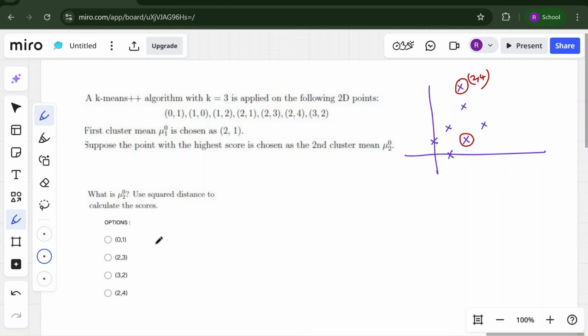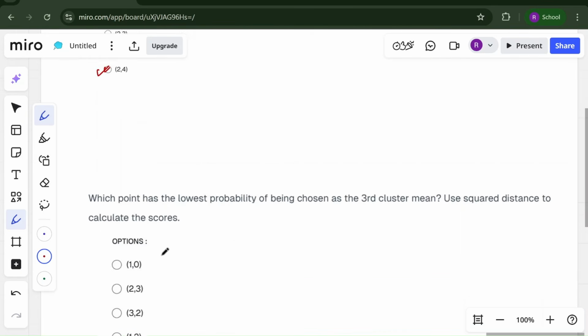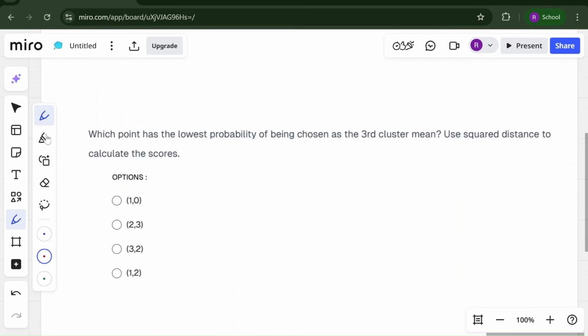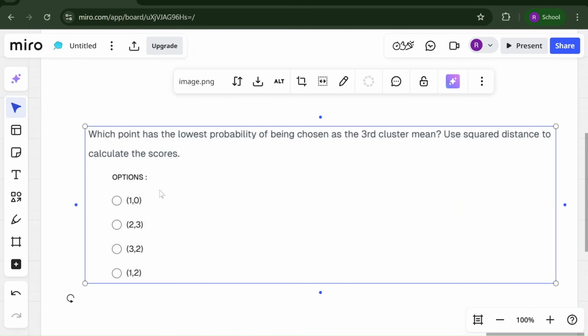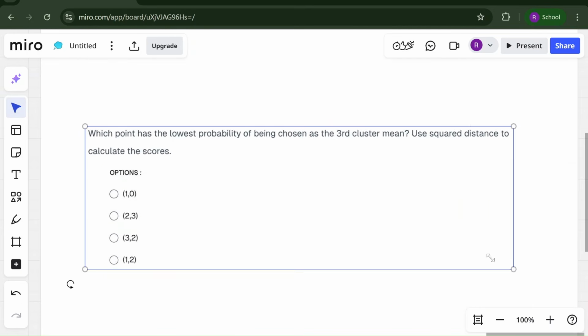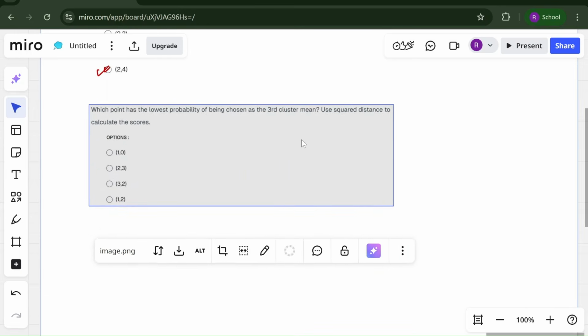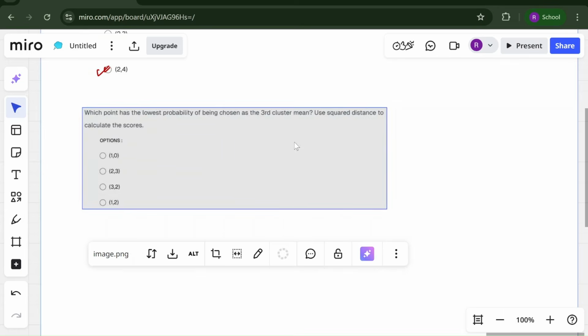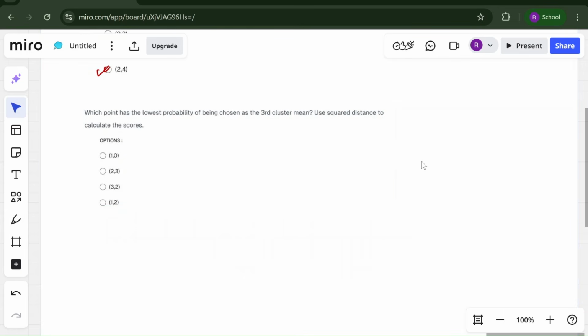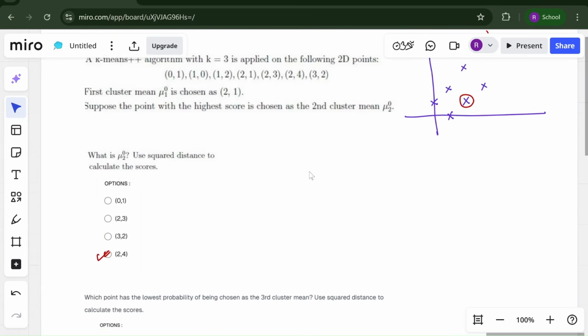So determining the point is easy. It will be 2, 4. But if they're asking for the value of the scores, then you will have to do the entire calculation: take all the distances, then divide, all of that.